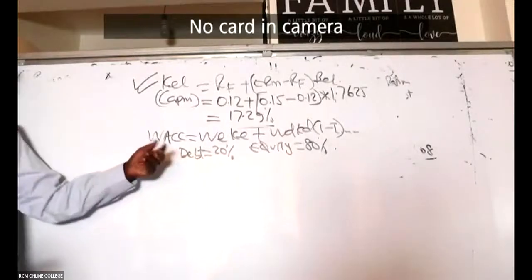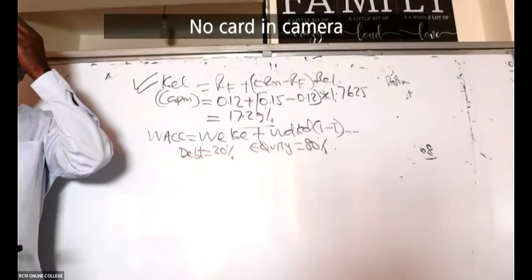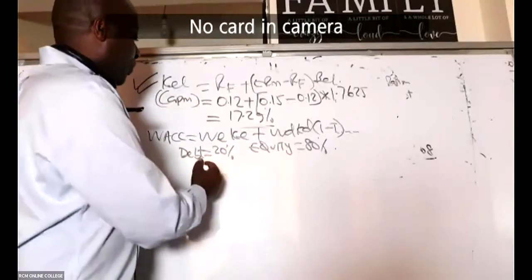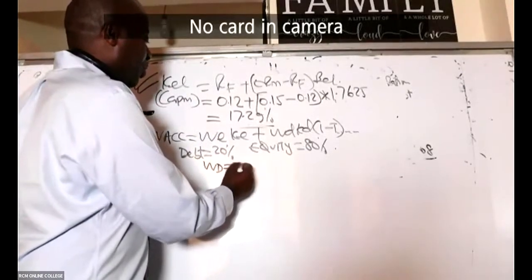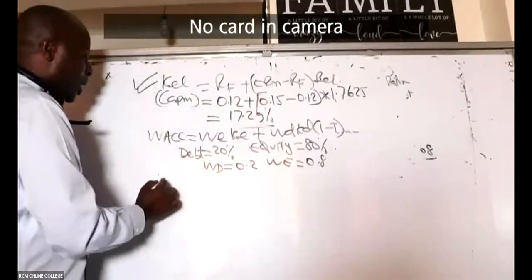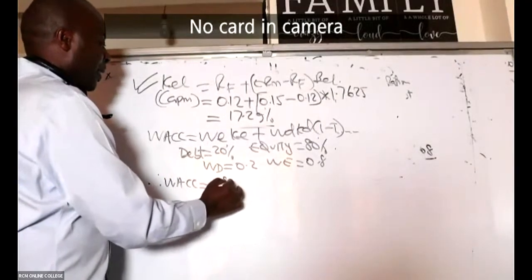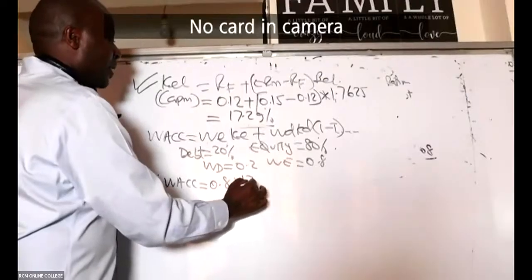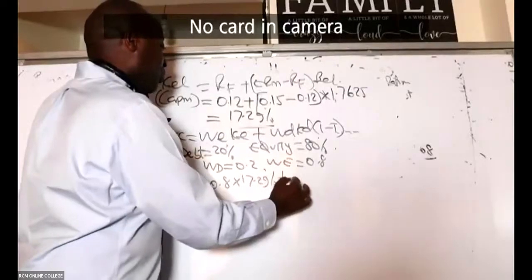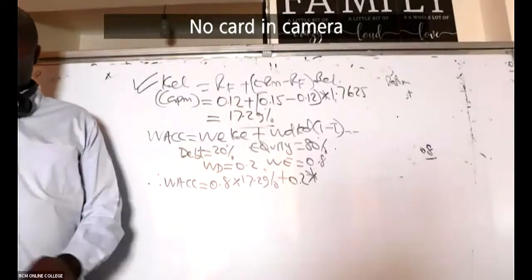So out of this, are you able to see the weight of debt? 0.2, isn't it? This is very obvious. The weight of debt is 0.2, and the weight of equity is 0.8. Therefore, our WACC will be equal to weight of equity 0.8 times the Ke that you got here, 17.29%, plus 0.2, which is the weight of debt, times cost of debt. Anybody able to see the cost of debt in this question?